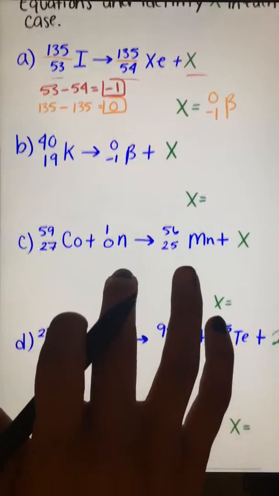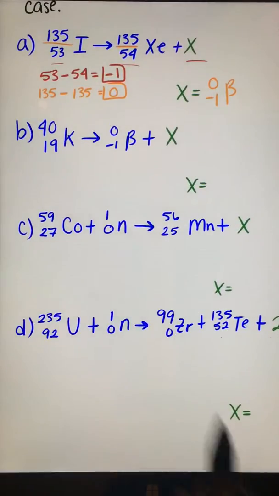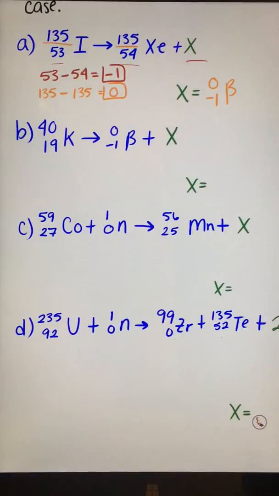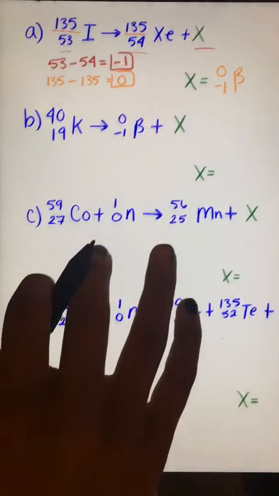Now for B, the reactant is potassium that has 19 protons and a nuclear mass of 40. And the products are beta plus X, and beta has -1 protons and no nuclear mass.